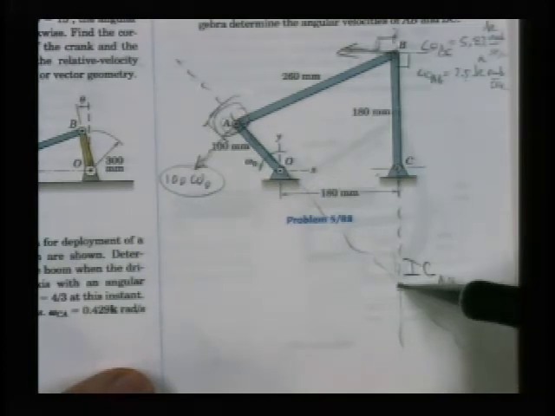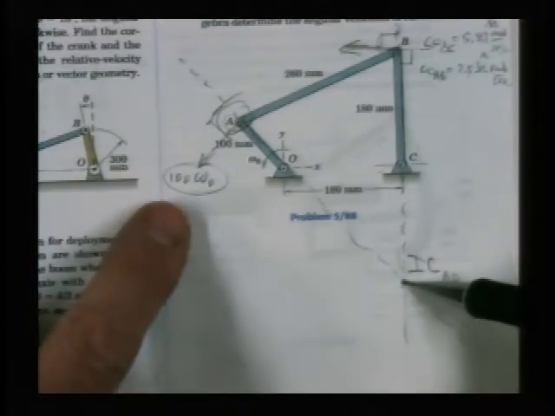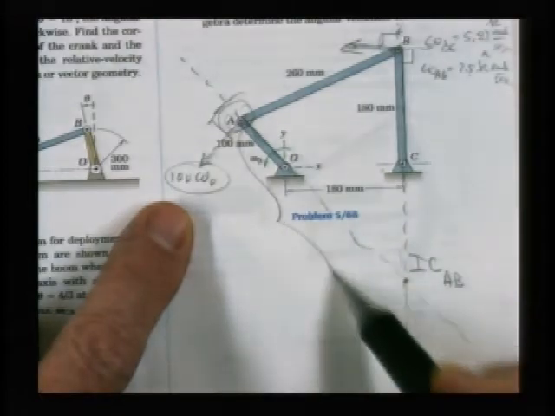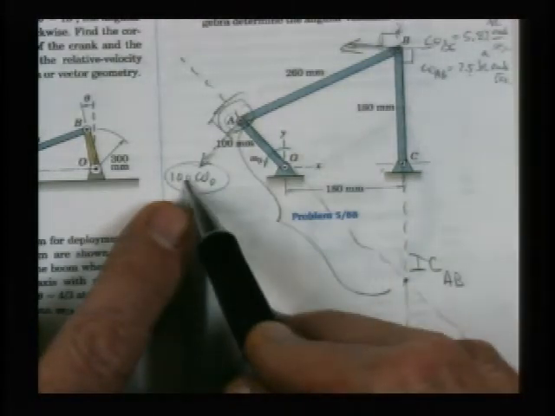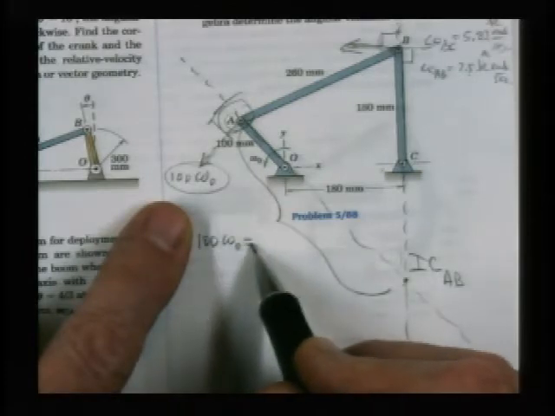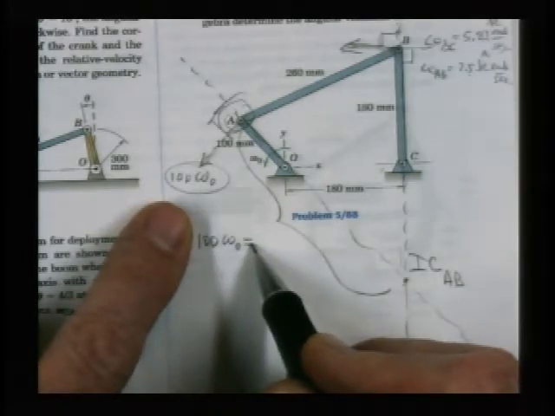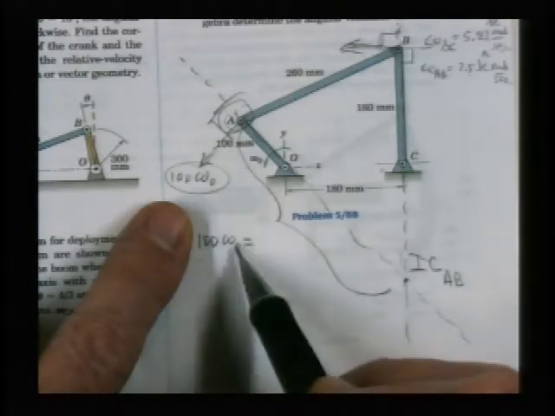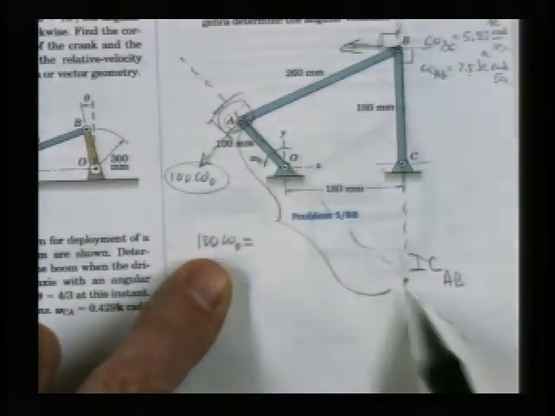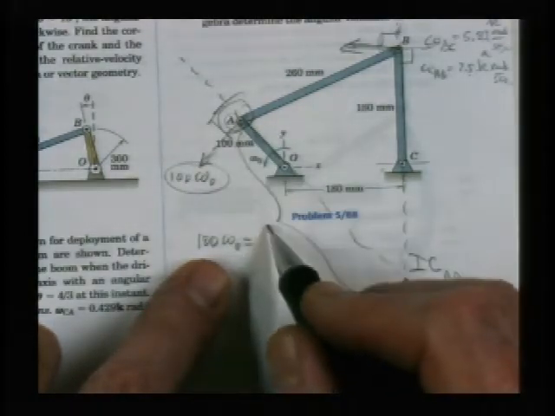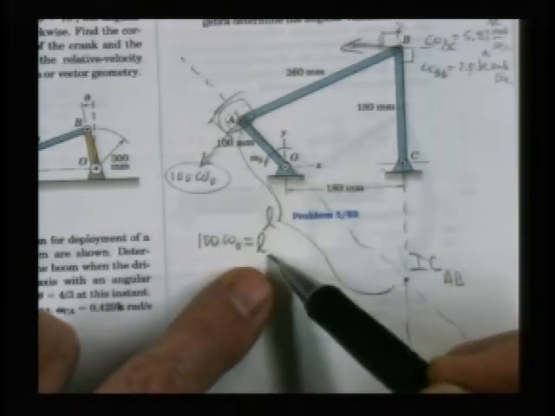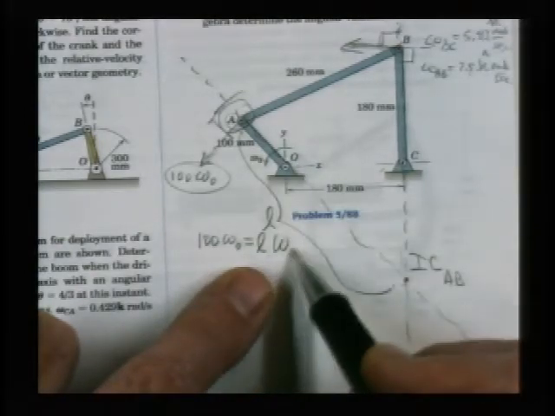And then all you have to do would be to take, watch this, you can take this velocity then, 100 omega O, and that must be equal to that speed, that velocity right here of this point, must be equal to this lever arm, let's call it L, times the omega of member AB.